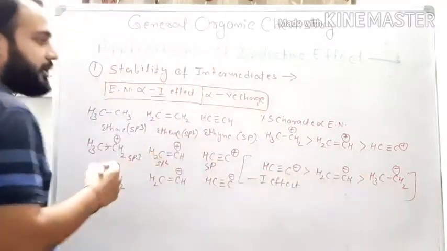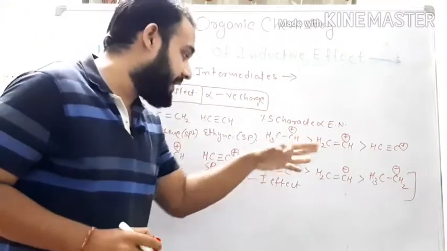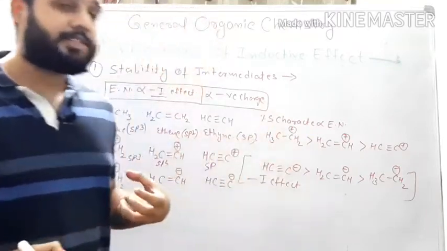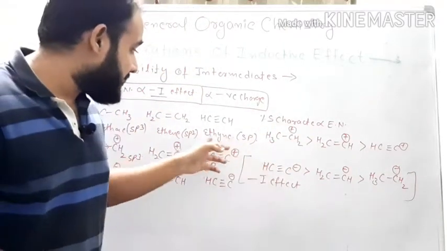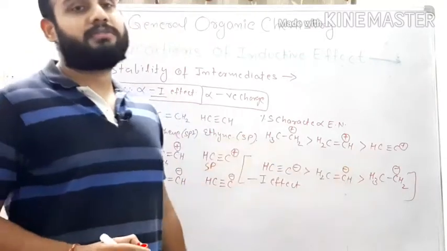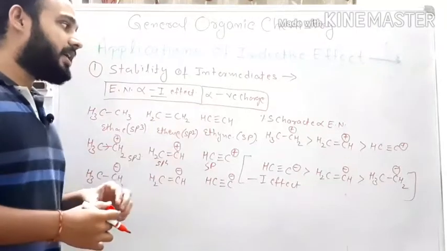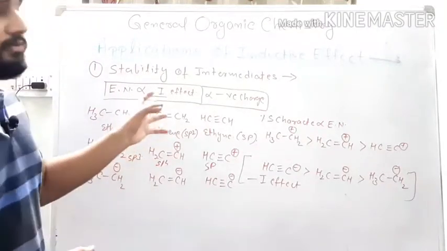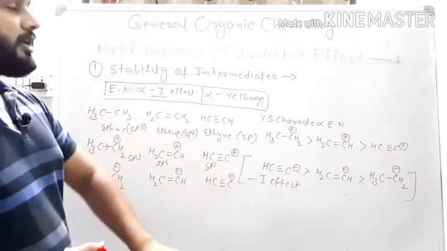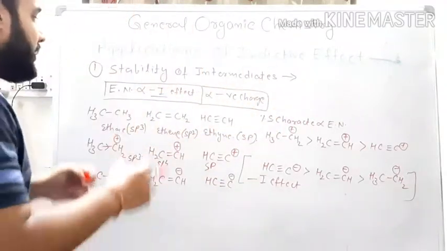This is the stability order of your anions. Also the minus I effect power of these ions is respectively: the highest minus I power will be the ethyne or triple bonded anion, then the double bonded anion, and the last one is the single bonded anion. Now I hope you understand the concept of the stability of these respective hydrocarbons on the basis of percentage s character and electronegativity.